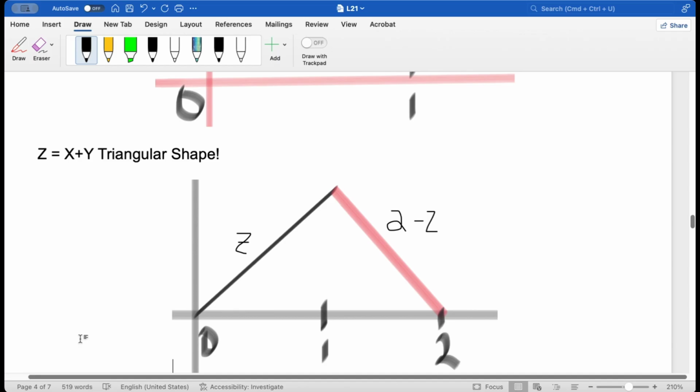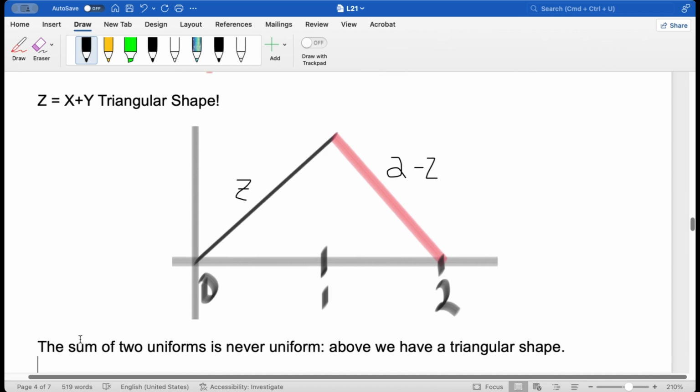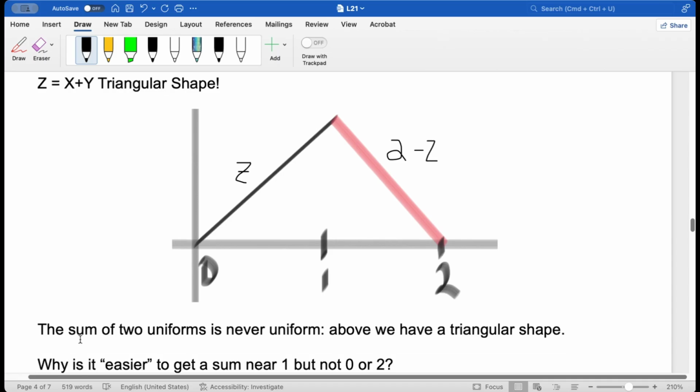And so, again, we see a triangular situation here when we add two independent, uniform, continuous random variables. So the sum of two uniform random variables is not uniform. And the cases we've seen, it's triangular shape.